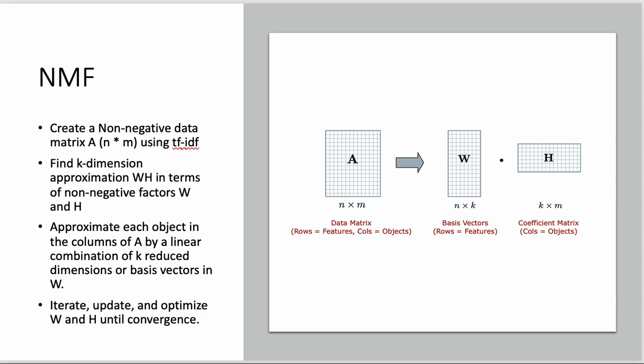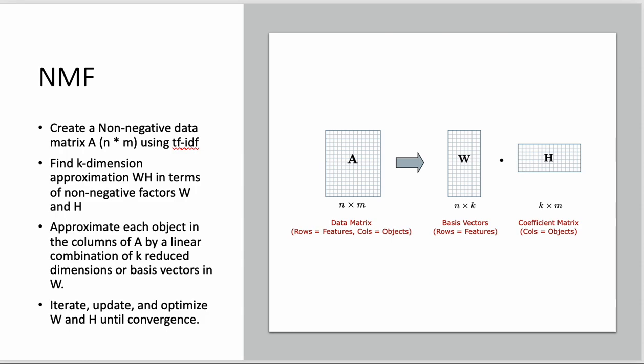So first we create a non-negative data matrix A that is n times m. We use TF-IDF, where n are rows of A, and those are the features, and then m are columns of A, those are the objects.